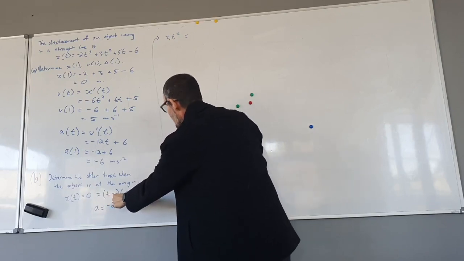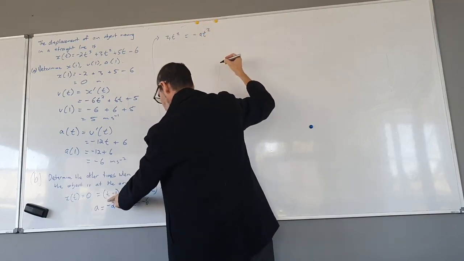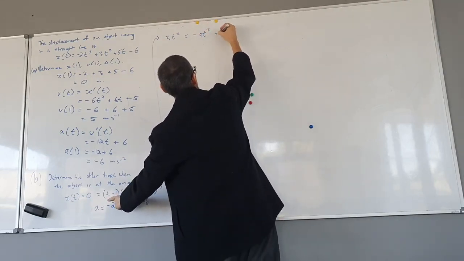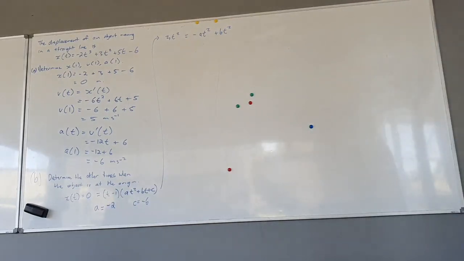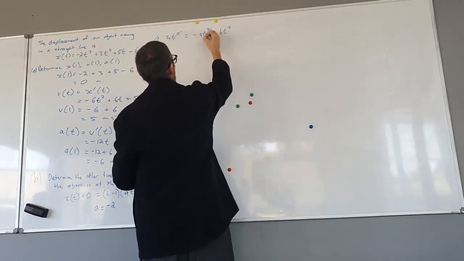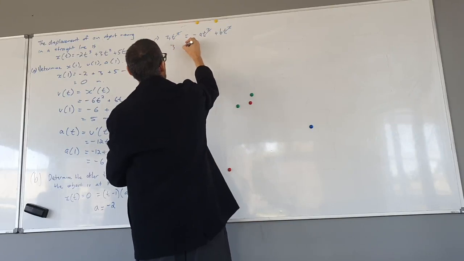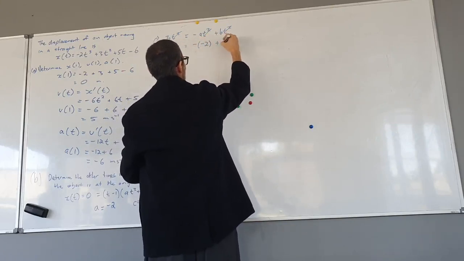So t squared has to be negative a t squared plus b t squared. And I know a is negative 2. And I can get rid of the t squareds. So 3 is negative of negative 2 plus b.